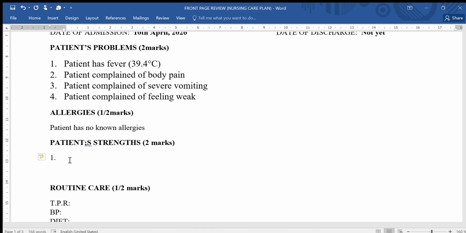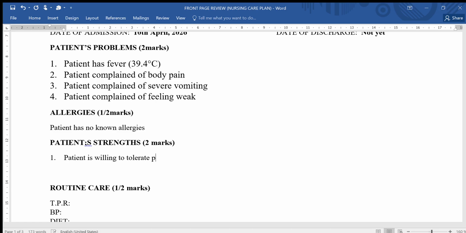So let's go. So our strength 1 is to state that patient is willing to tolerate what?